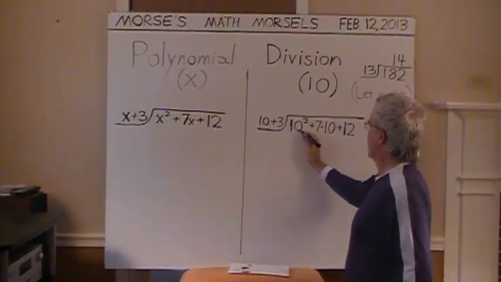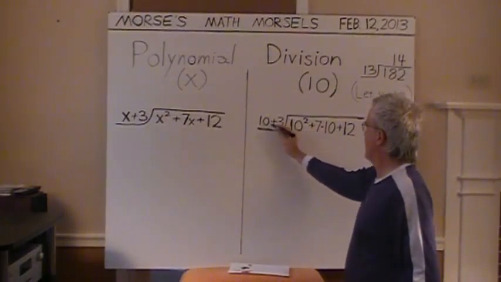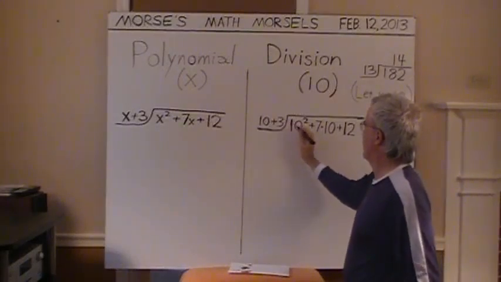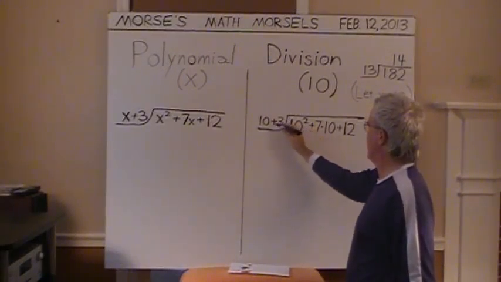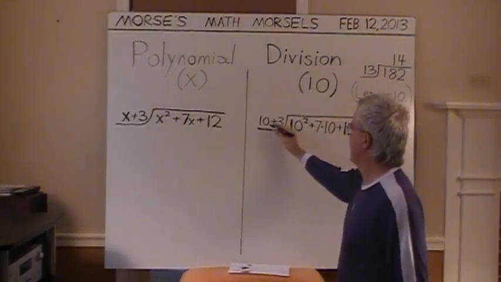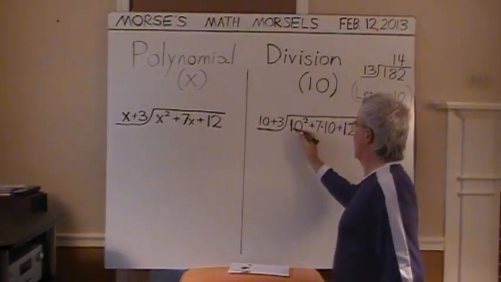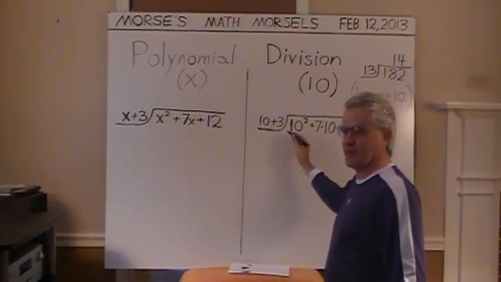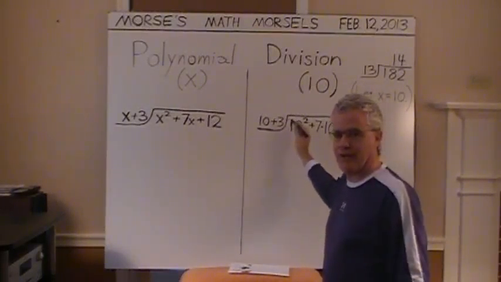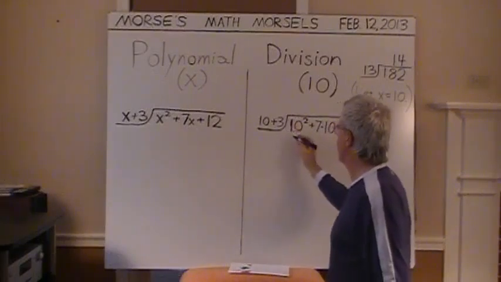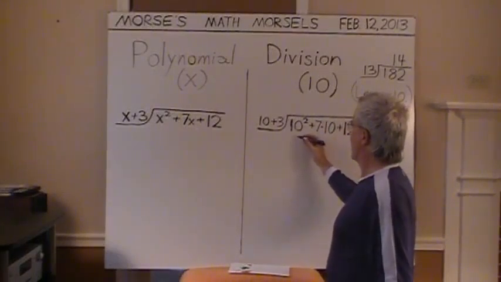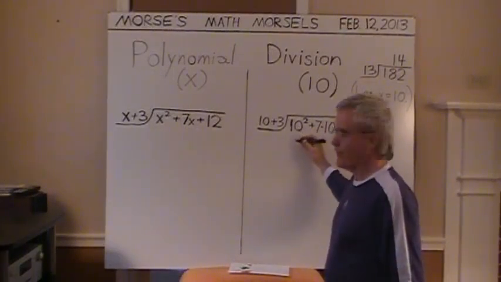So, we have a 10 squared here and a 10 there. We're going to start with each of these 10s on the left side of each expression. How many 10s can go into 10 squared? And whatever we do with that, the plus 3 must follow along because a 10 is attached to the 3 with the addition. Or what times 10 will be 10 squared?